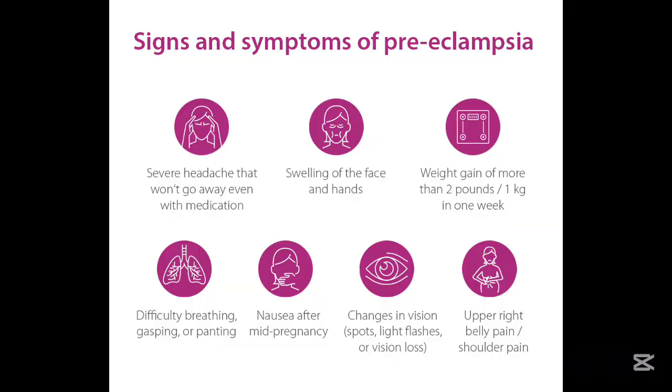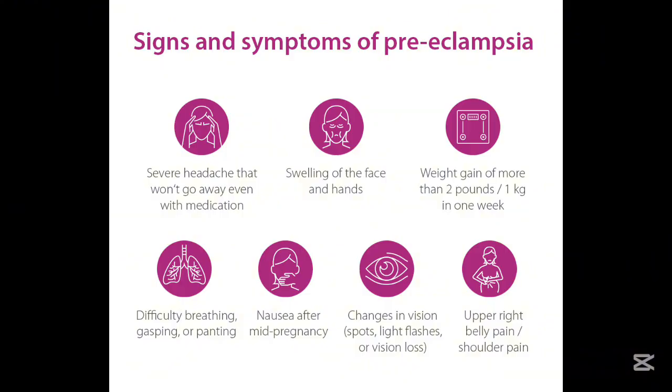So what are the clinical features of preeclampsia? I'll divide it into maternal features as well as fetal features. For maternal, we can have hypertension, proteinuria, and edema of the face, the hands and the legs.